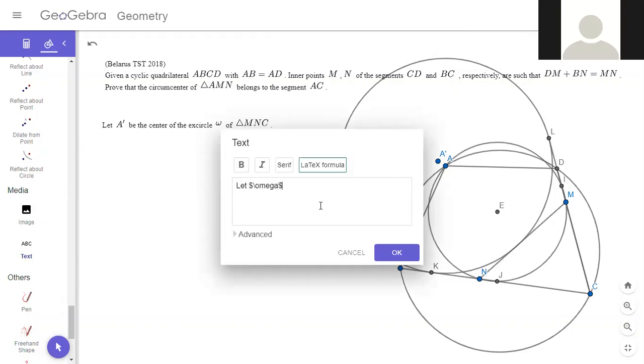Let omega be tangent to CN and CM at K and L.